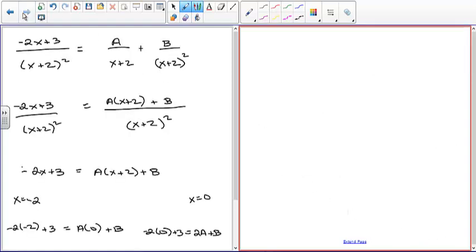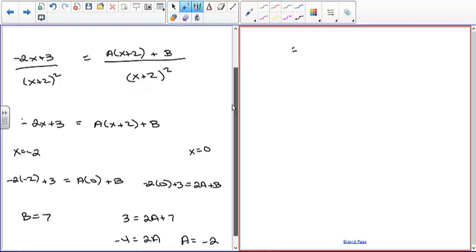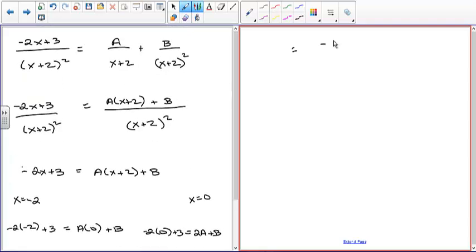Okay, so the answer is a, which is negative 2. So we get negative 2 over x plus 2, plus b, which is 7, divided by x plus 2 squared.